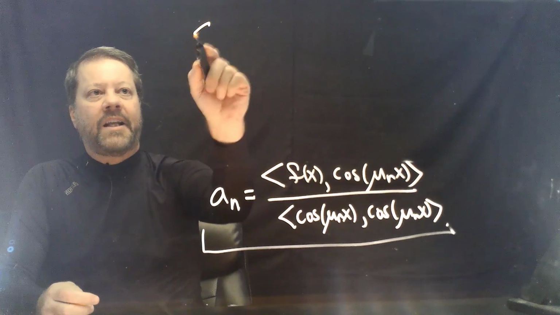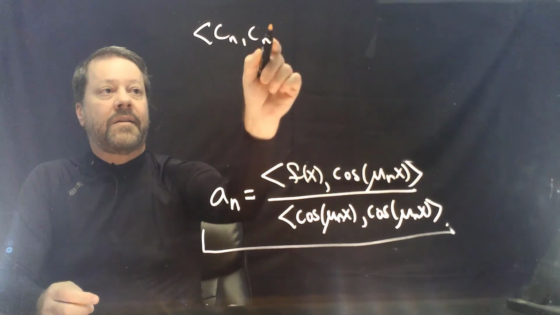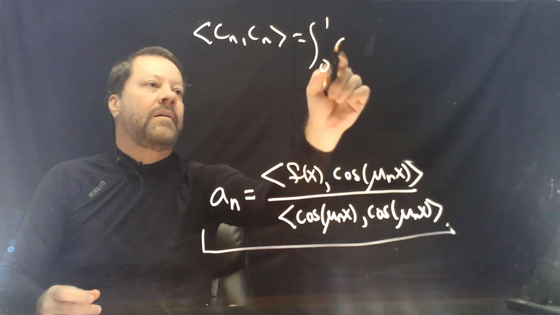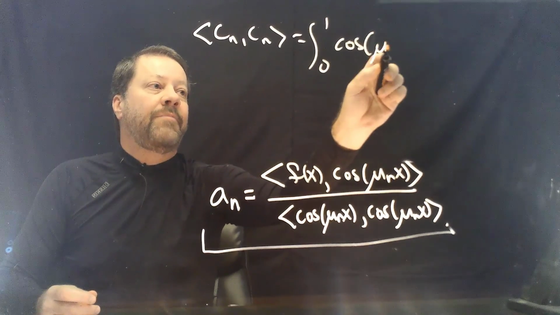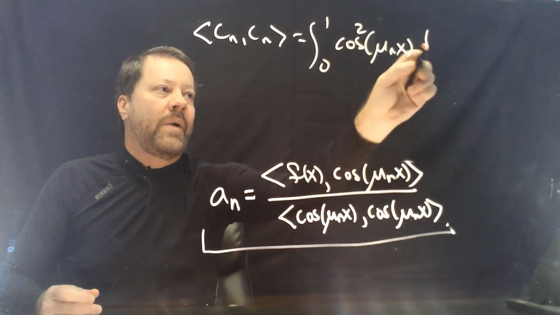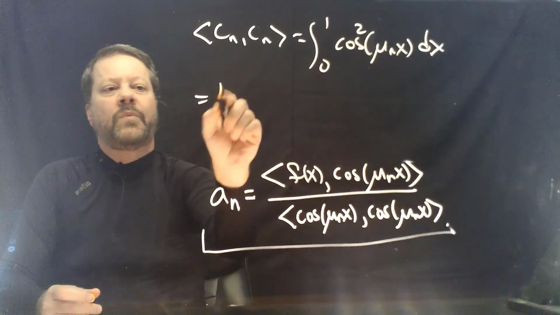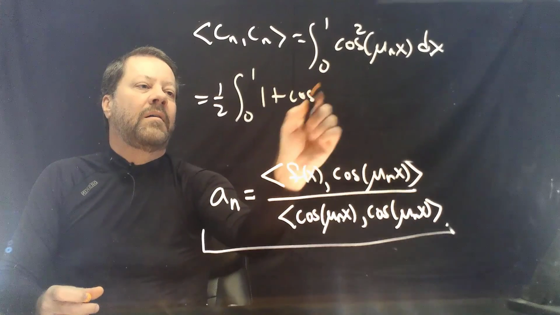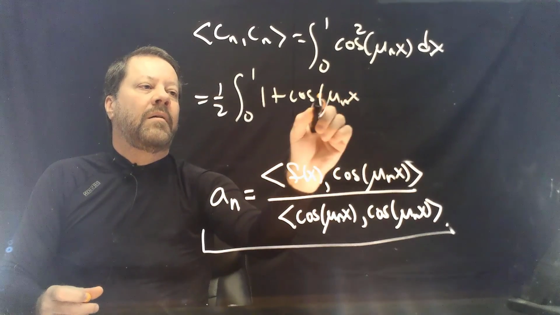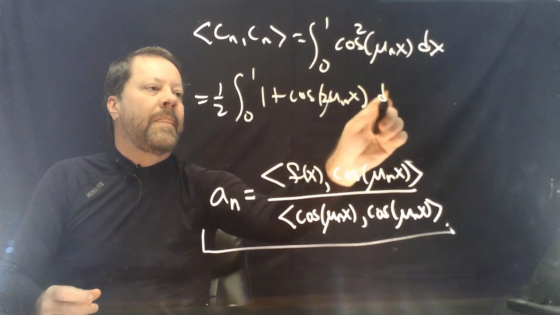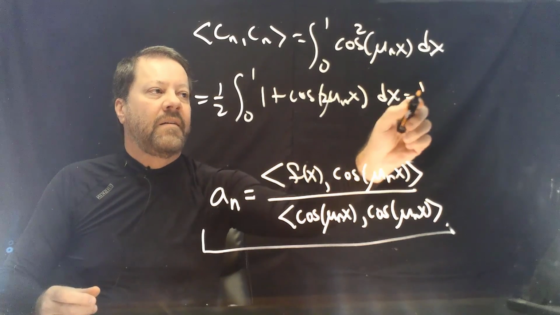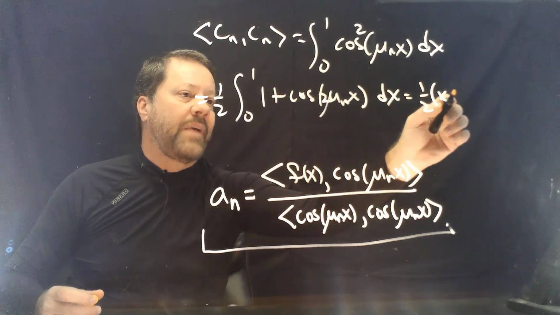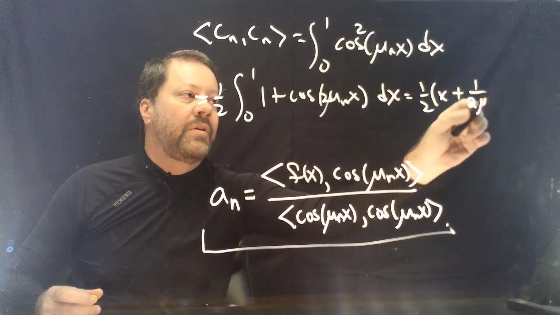Let's look at the inner product of the cosines. This denominator here will be integrating from 0 to 1 cosine of mu n x squared. We will, of course, use the half angle identity, giving 2 mu n x. Integrating, we'll have x, and the integral of cosine gives sine, but we have a 1 over 2 mu n.